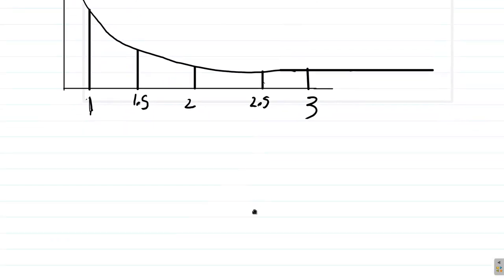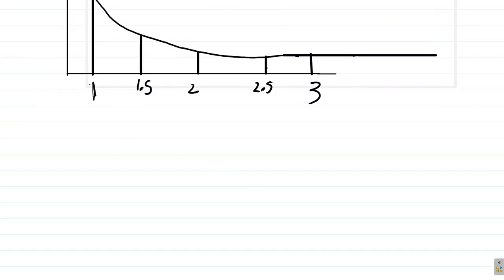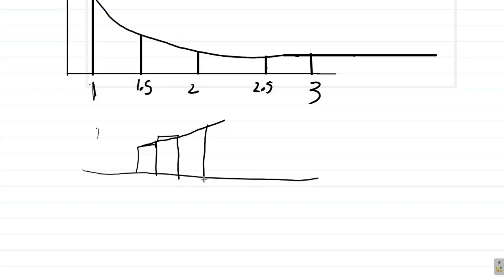Now, we have to remember what the trapezium rule says. If you don't remember, you have to go and quickly derive it. Let's say you have a curve. So you have these, and you say this is height 1, height 2, height 3, height 4.